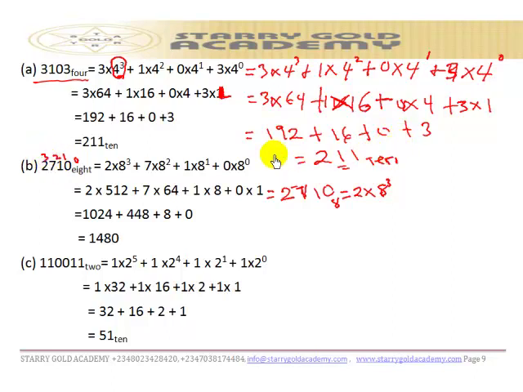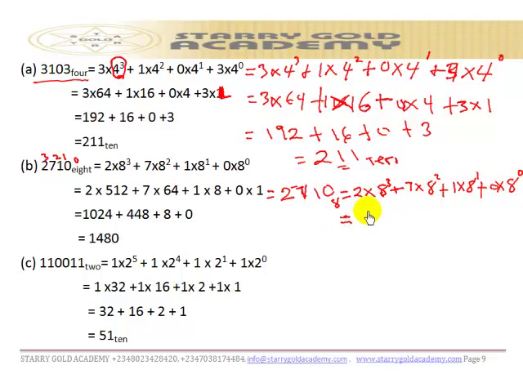So 2 times 8, your base, raised to power 3, plus 7 times your base, raised to power 2, plus 1 times your base, raised to power 1, plus 0 times your base, raised to power 0.